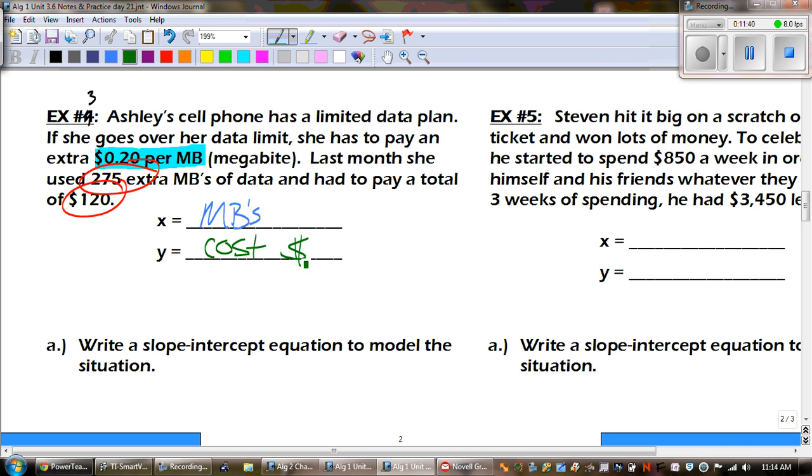We're talking about money. Now that point, I need to know what it is. Remember that it goes X, Y. We said X was our megabytes, so that's where 275 and then 120 comes in.